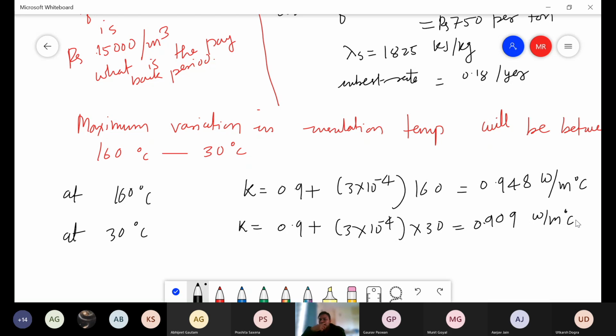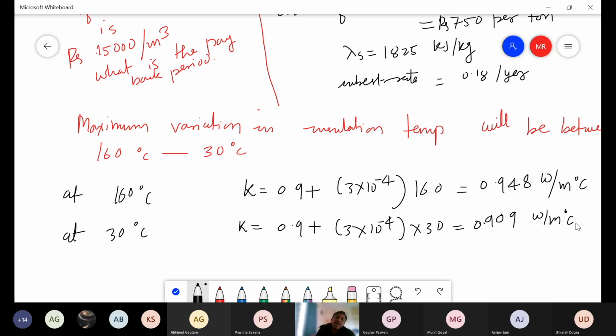Do you all agree with this? Remember, the thermal conductivity in this case is given as a variable. It is varying with temperature, isn't it? Do you all agree with whatever I have written? Yes or no? Yes, sir.